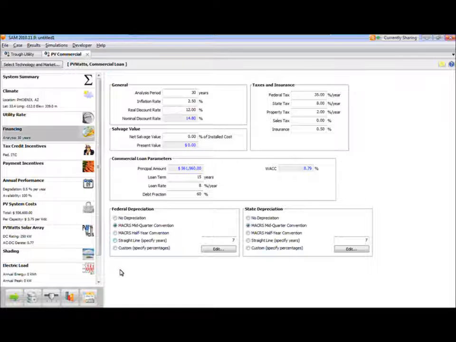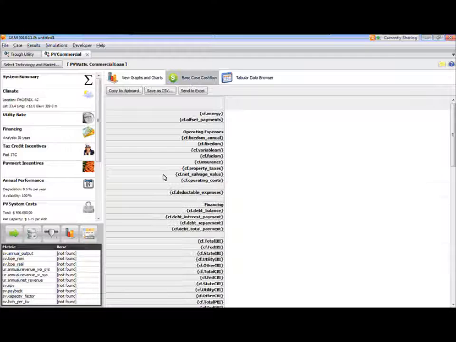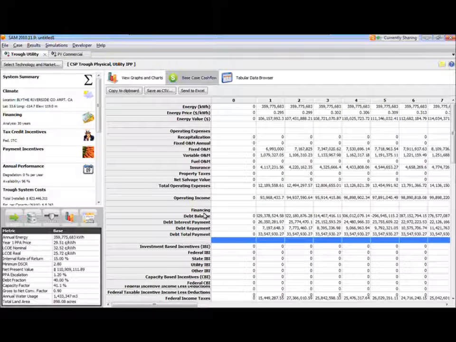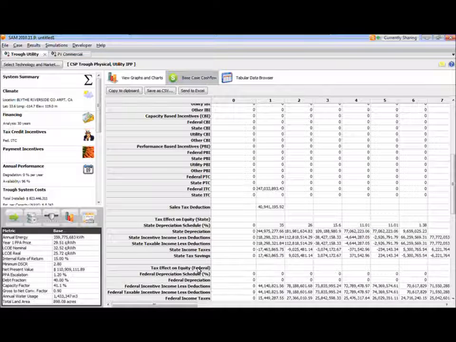If you want to specify a different depreciation schedule, you can do that by using a custom schedule, or you can model a system with no depreciation. And the depreciation benefit may apply to federal and or state taxes. So the cash flow includes tax payments for both state and federal taxes.